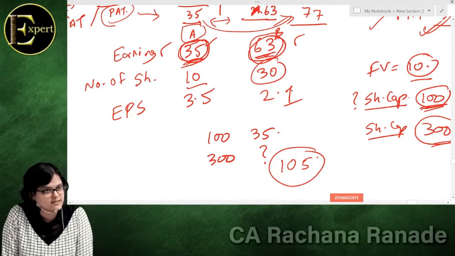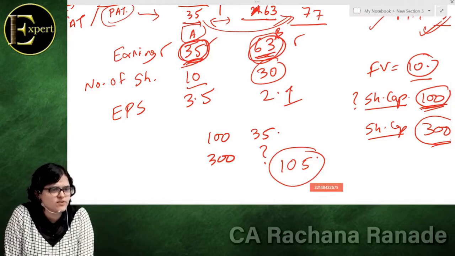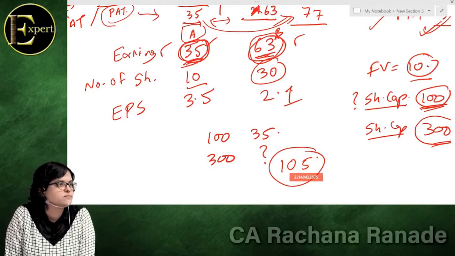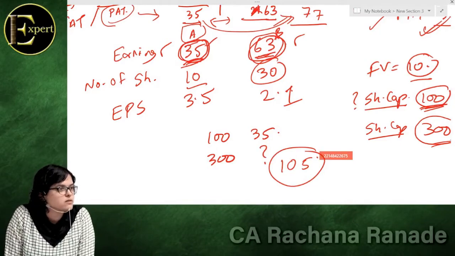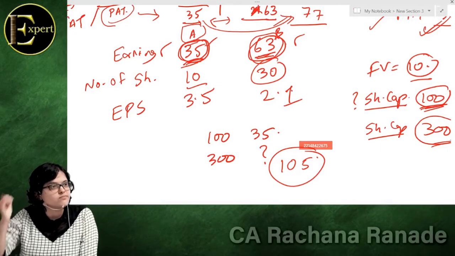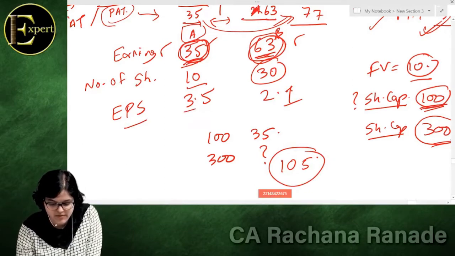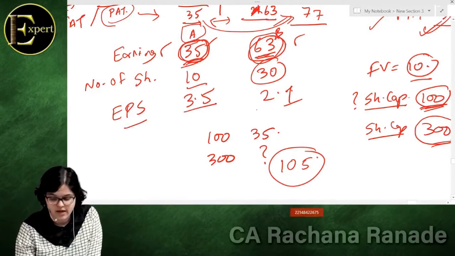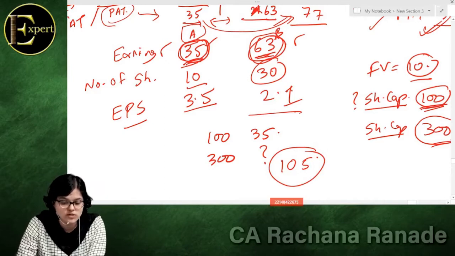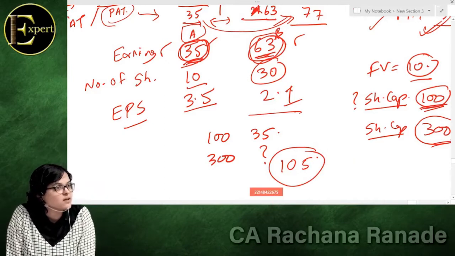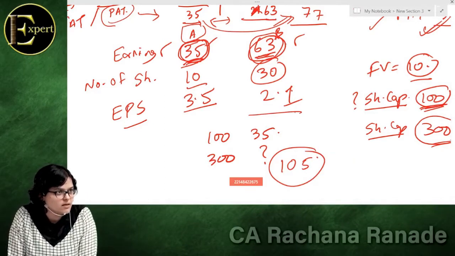PAT. Profit after tax is 35 and 63. How much are the number of shares? 10 and 30. Different number of shares. So how much is EPS? 3.5 and 2.1. So who is having a better EPS? A is having a better EPS.